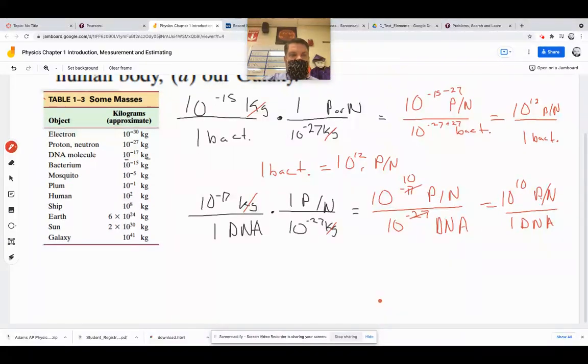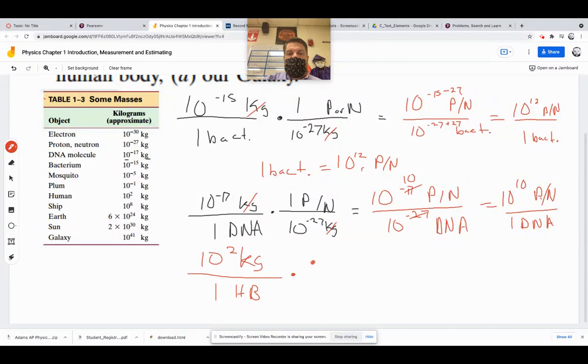The next one was the human body. Now, they don't have it in the thing there, but what do you think the average human body weighs? About 100 kilograms. So we would say 10 to the 2 kilograms. Actually, that's kind of high. To 1 human body.